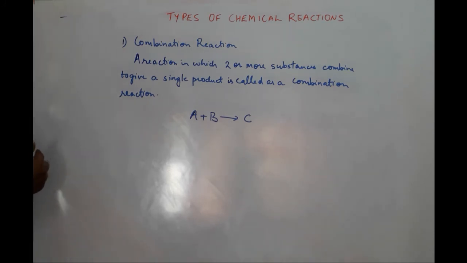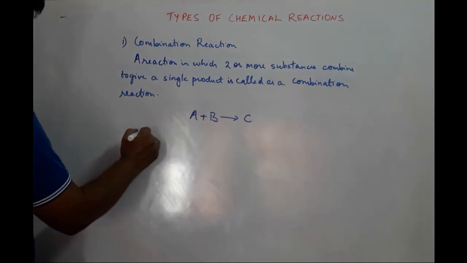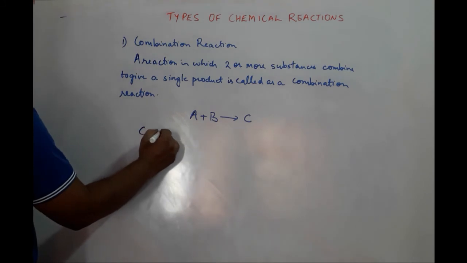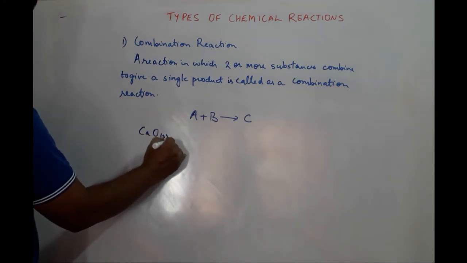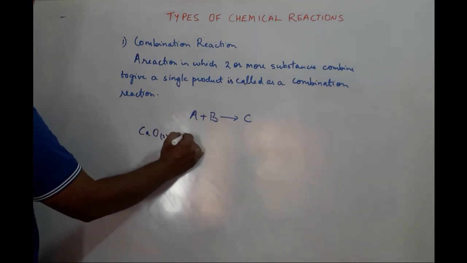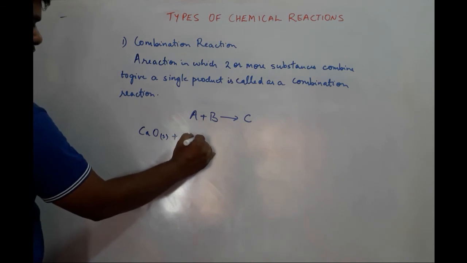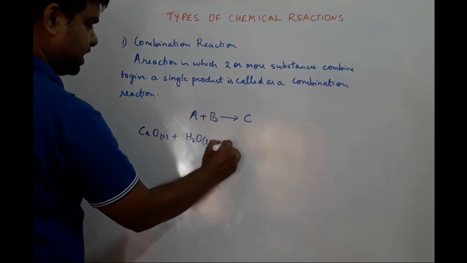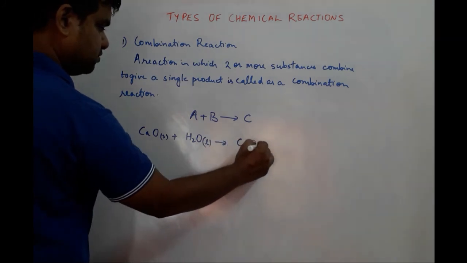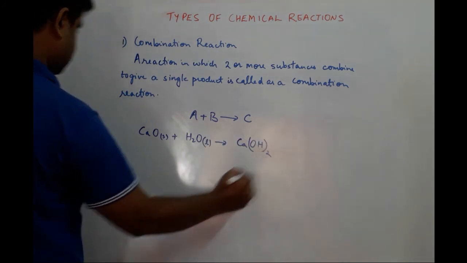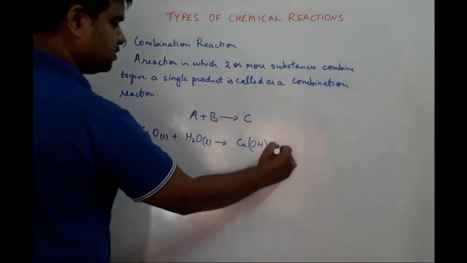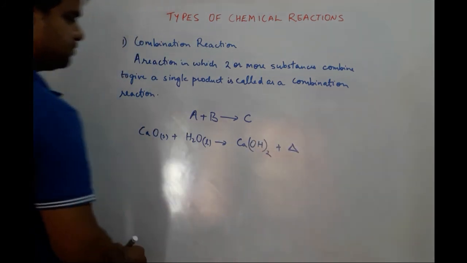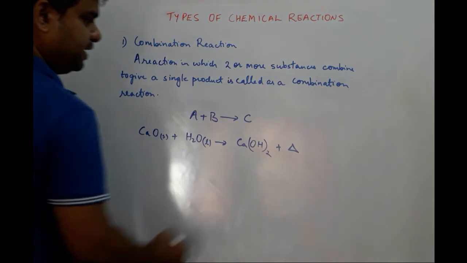We'll take the previous example that we had taken, calcium oxide, which is a solid. When put into a liquid, that is water, it gives us an aqueous solution of calcium hydroxide along with heat energy. This is a symbol for heat energy.